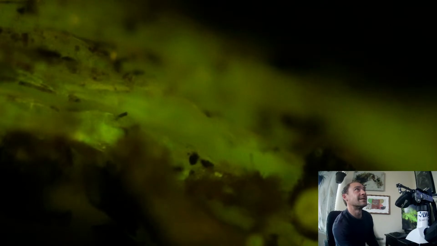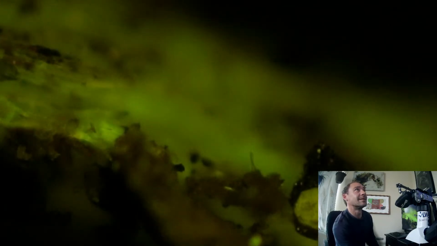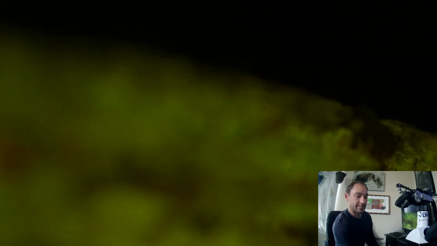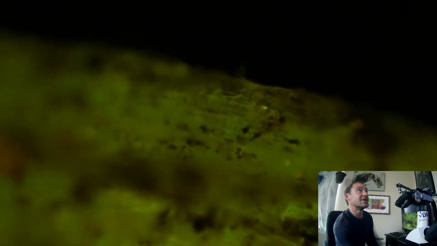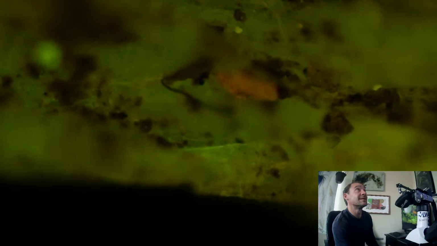But it takes a little bit. It takes a little bit of patience. The symbiotic relationship and the partnership has to form. Just got to give it a little bit of time. And then you get these nice shining leaves, no pests, whole new level of plant health.